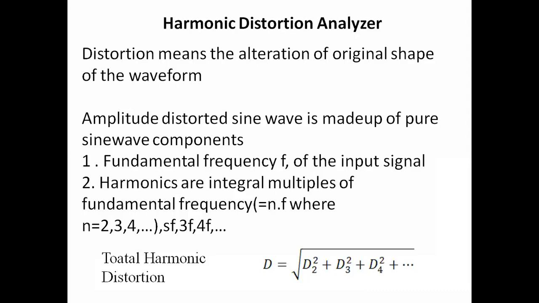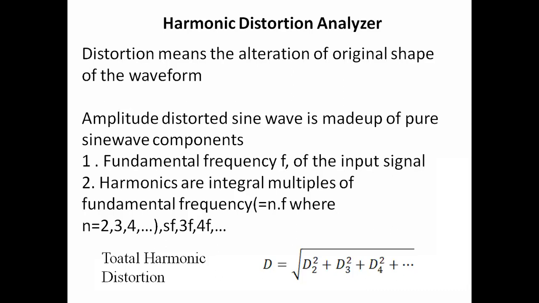Because of that, we have to identify how much the output waveform is distorted from the input waveform. For measurement of such variations, that particular distortion, we can use harmonic distortion analysis.